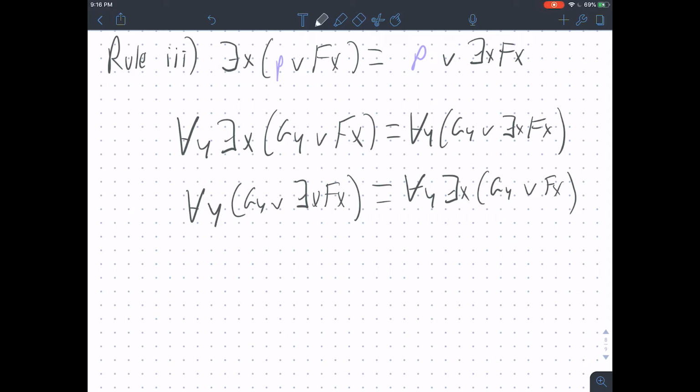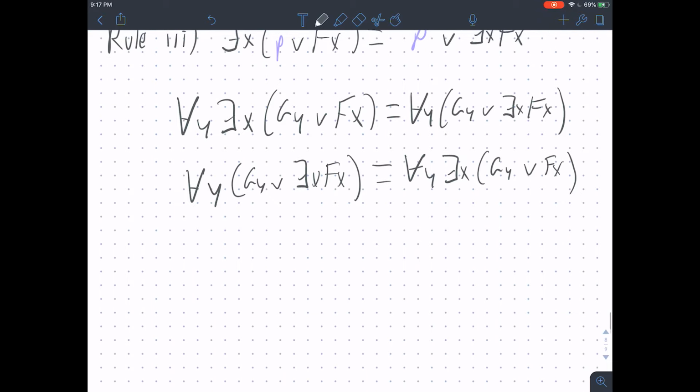Okay, right. So you've got an existential quantifier with an alternation inside of its scope, and one part of the alternation doesn't have any occurrences of the variable that is bound by the quantifier. You just move the quantifier to the part that does have variables that the quantifier binds and leave the other side alone. Okay?